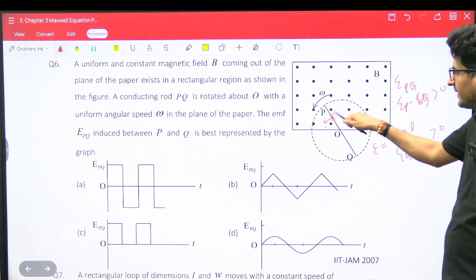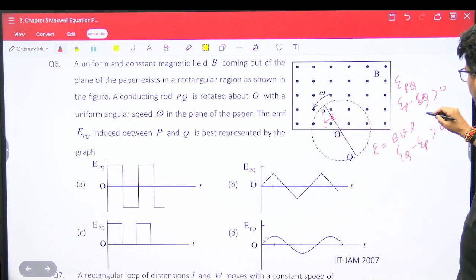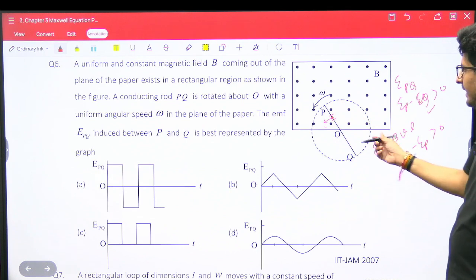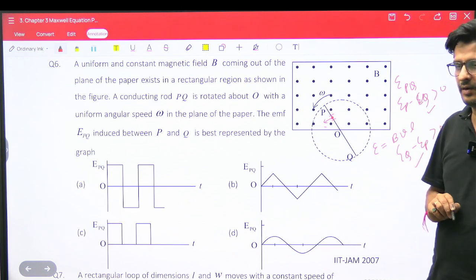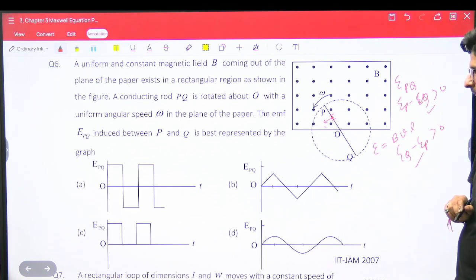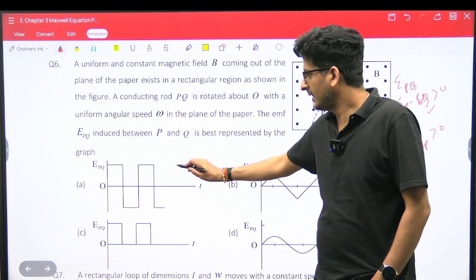So in one half cycle this will happen, and in another half cycle this will happen, right? So what is the correct option? A is the correct option. Okay, so A is the right option.